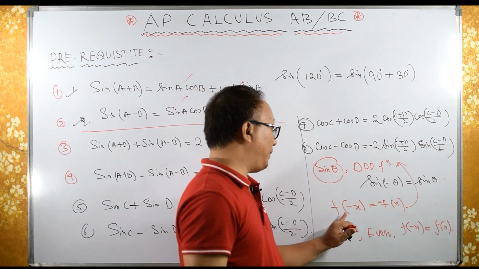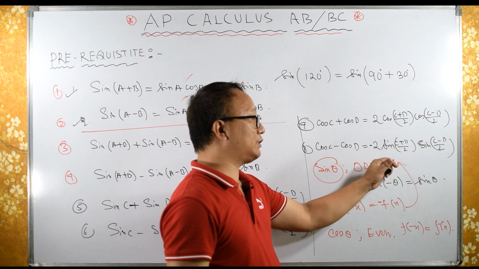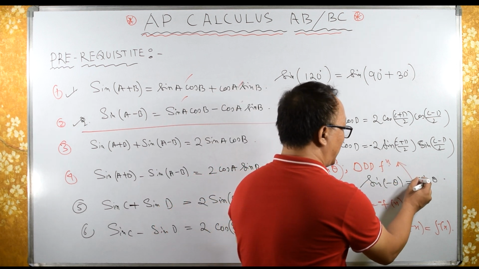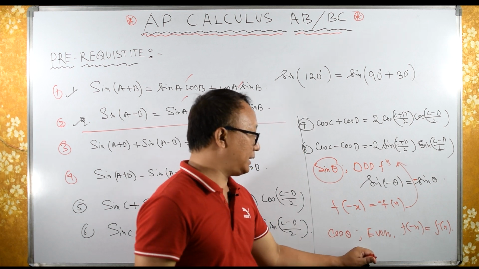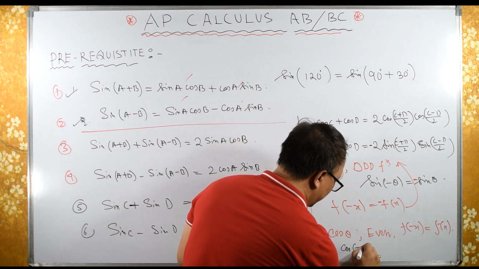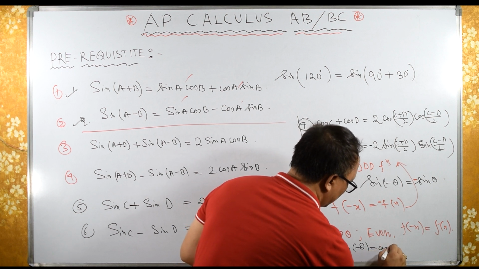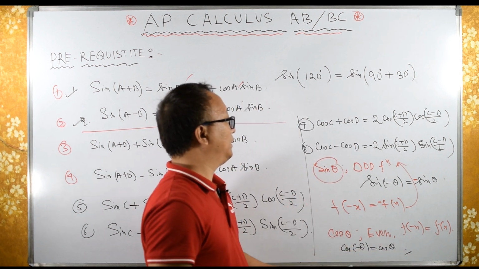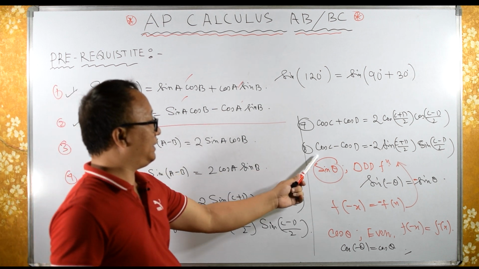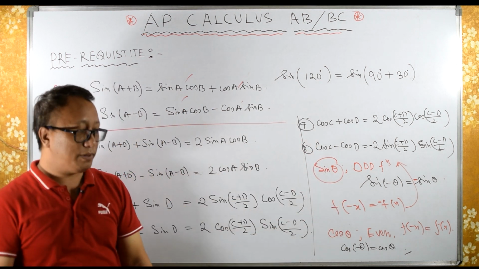Similarly, sine of minus theta is minus sine theta, and cos of minus theta is always cos theta. So these formulas, 1 to 8, are very important.